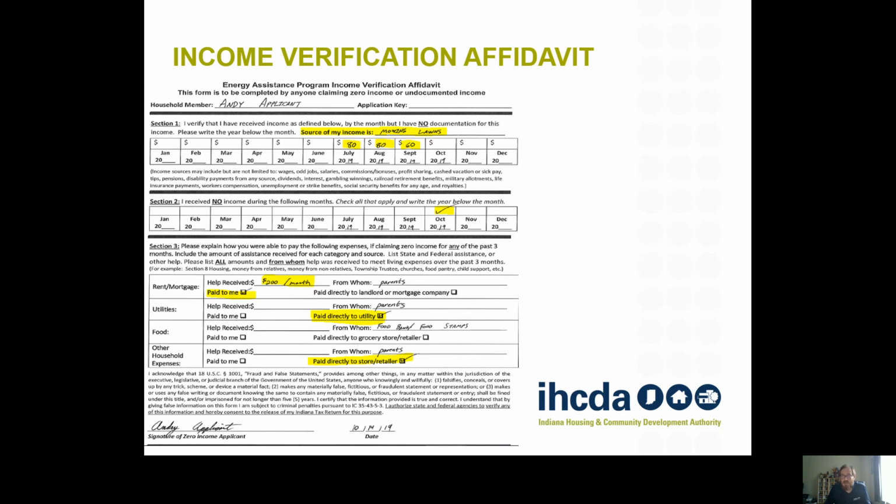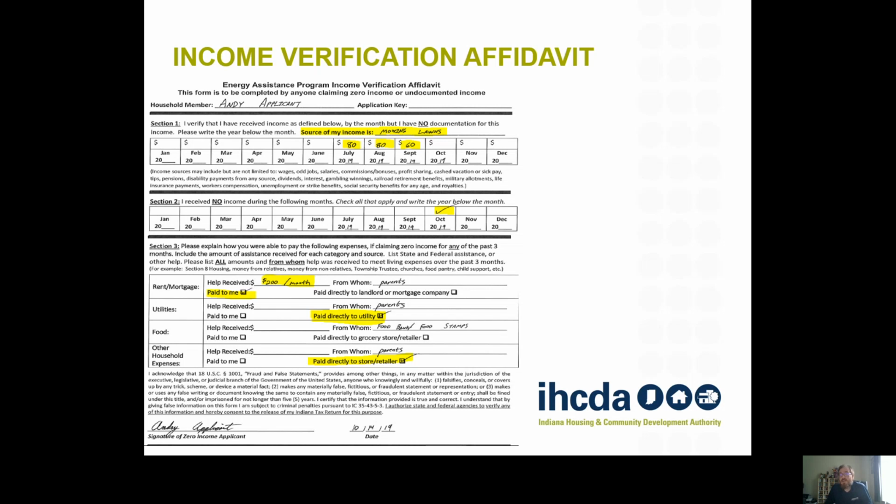So in this case, Andy applicant's parents gave him $200 a month for help with his rent. However, they paid it directly to him rather than directly to his landlord. So in that case, in addition to the 80, 80, and 60, you're also going to want to count $200 per month for the 3-month period because he was receiving that directly to him.